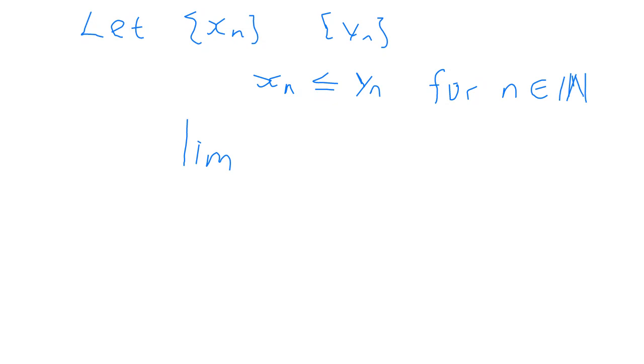Then the limit as n tends to infinity of xn, and the limit as n tends to infinity of yn. What do you think should be between them? Here's a hint, it's easy. If this thing is always less than or equal to this thing, then what do you think happens with the limit?